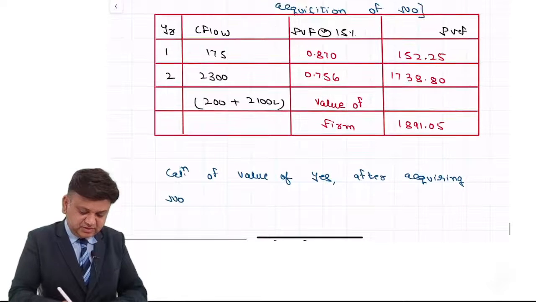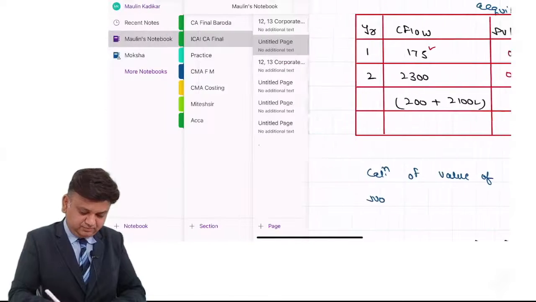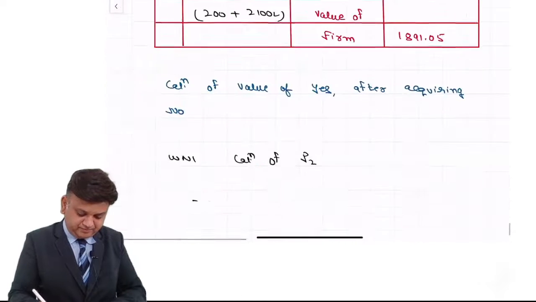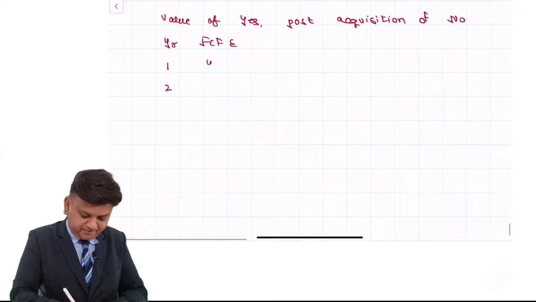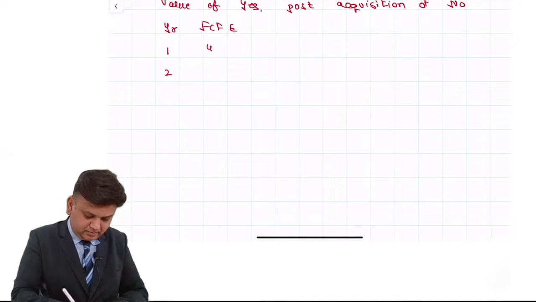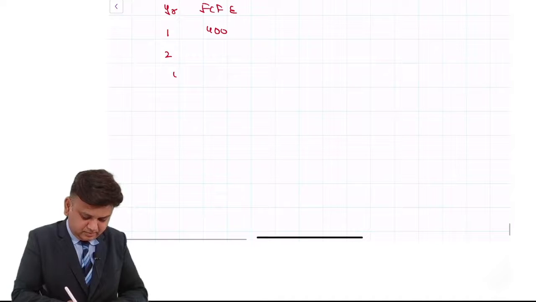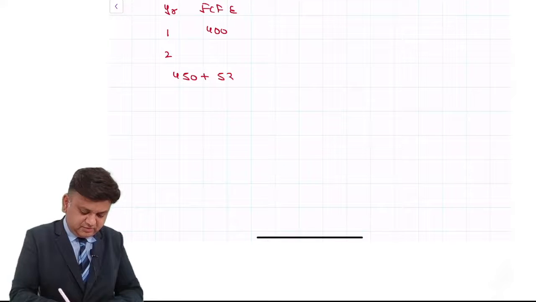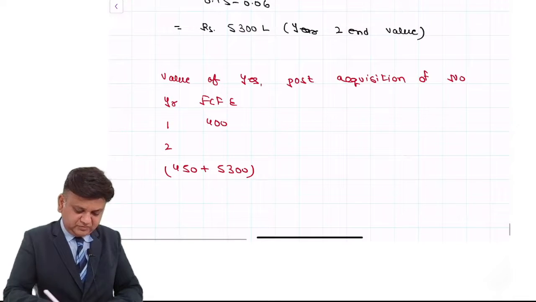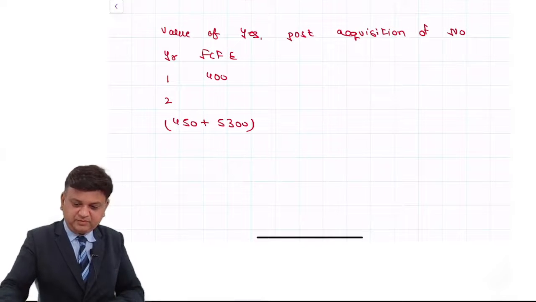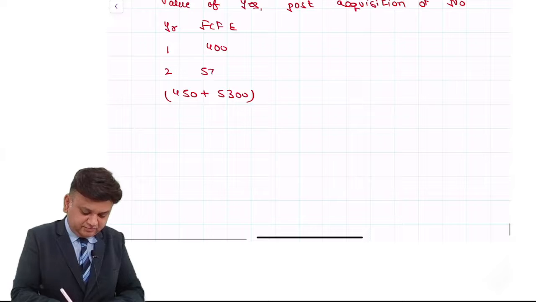As far as the first year is concerned, it is 175, sorry, it is 400 lakhs. Second year, it is 450 lakhs. Plus, what is the P2 value? P2 value is 5300. That is the calculation that we have made. 450 plus 5300, 5750.